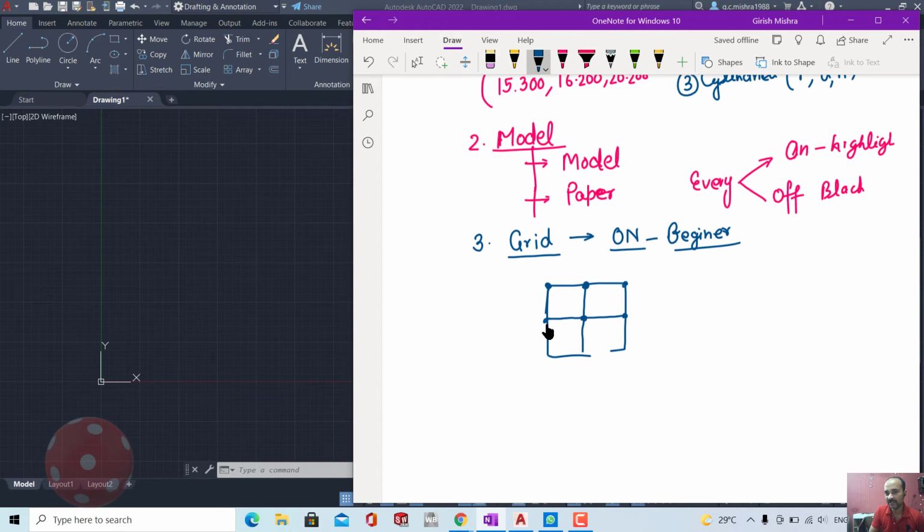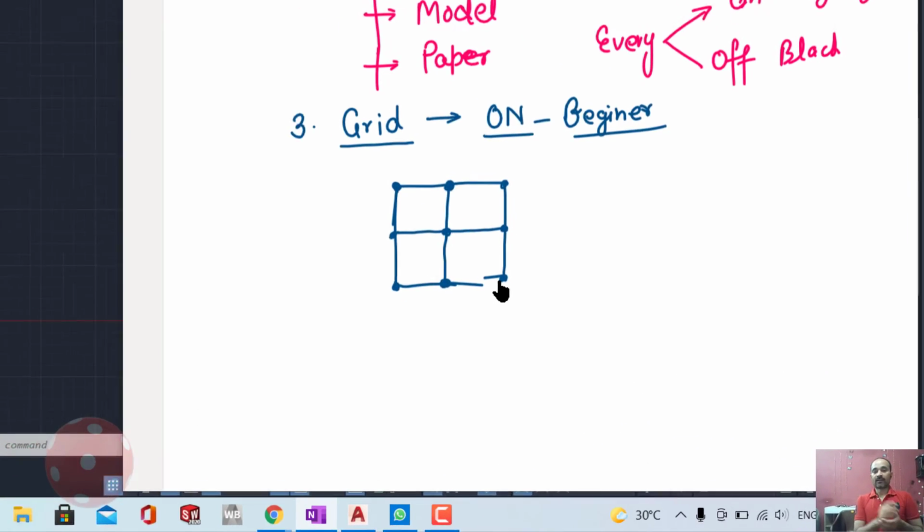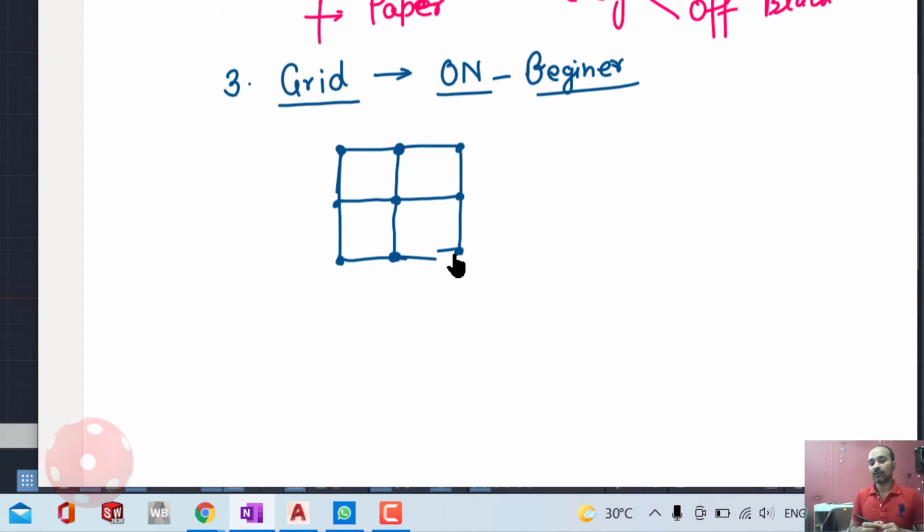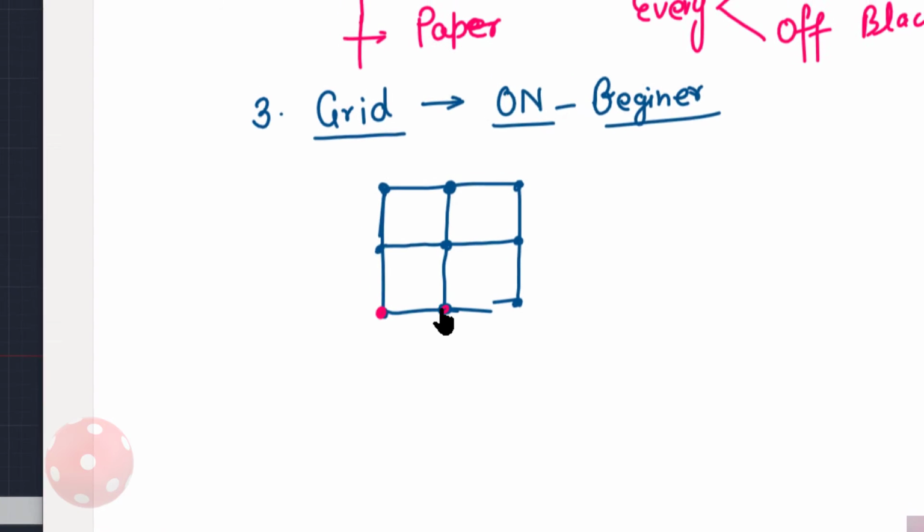If you turn on the grid, then this grid will be visible, but these points will not be on. If you turn on grid snap, then your cursor will move either to this corner, the first corner, or to the second corner.